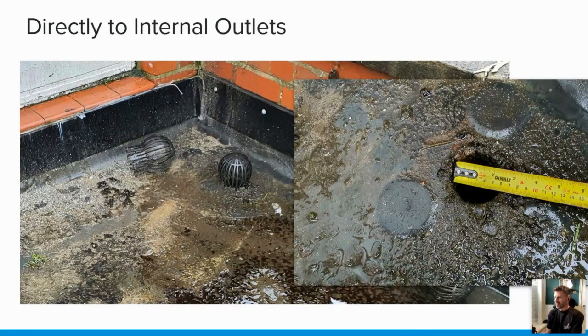They have installed the refurbishment outlets, but the original outlets were around 150 millimeters in diameter, and they've installed 60 millimeter diameter outlets, and obviously that's caused a problem with the drainage in this roof, because they've severely reduced the capacity.